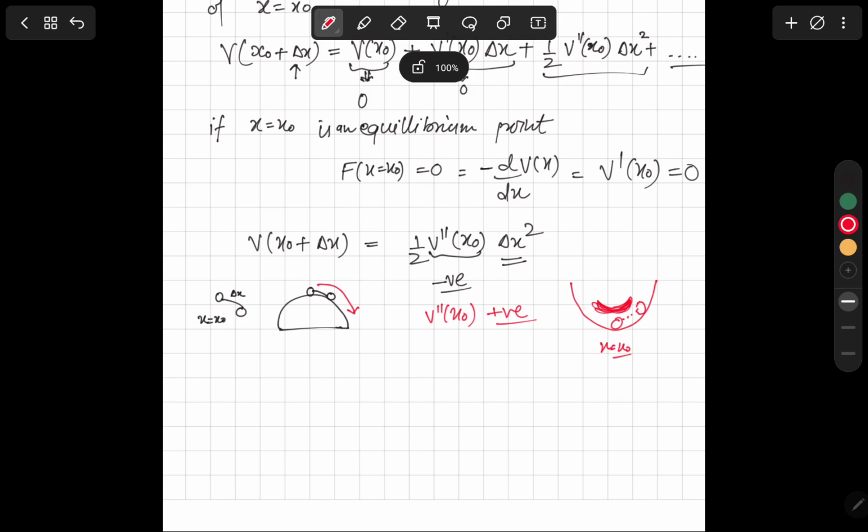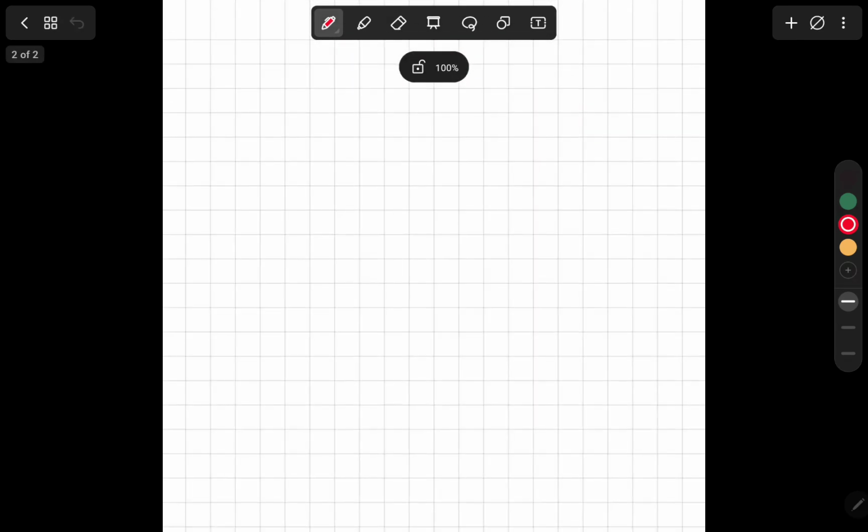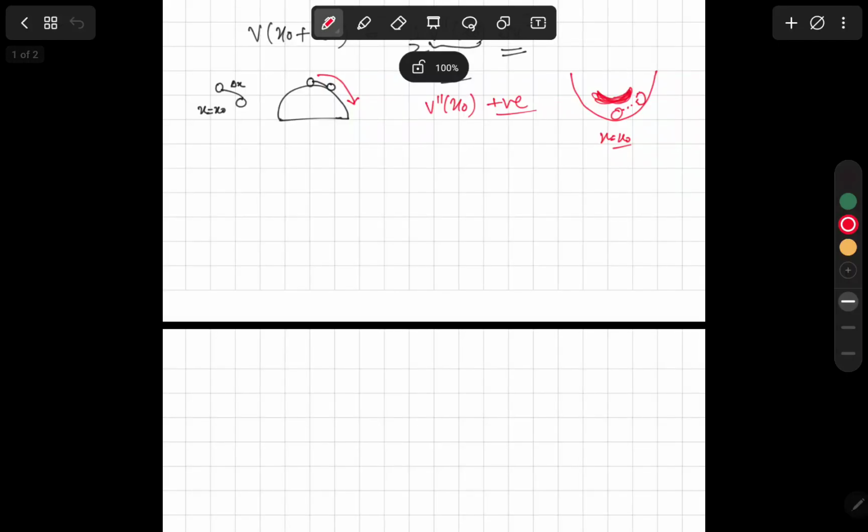So what do we learn from it? We learn two things, that for a system to perform small oscillations, the first condition is that we should have v dash of x to be 0 at that particular point. This is the first condition.